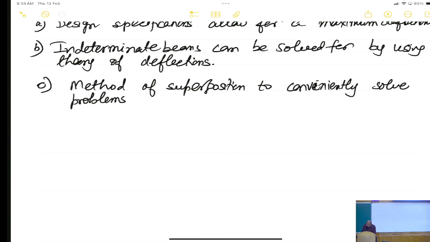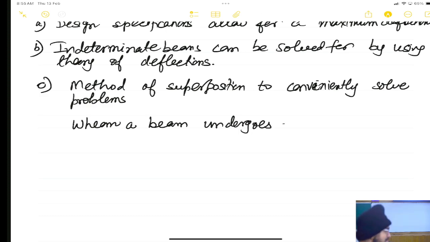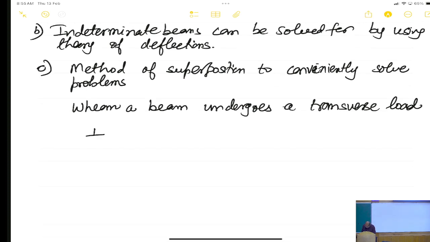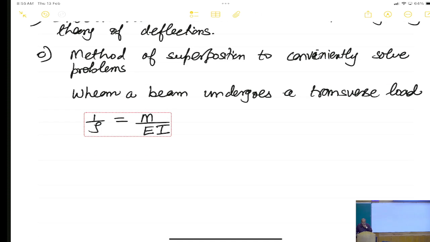and the basis of all this theory is when a beam undergoes a transverse load, then we have seen one over rho is equal to M upon EI.